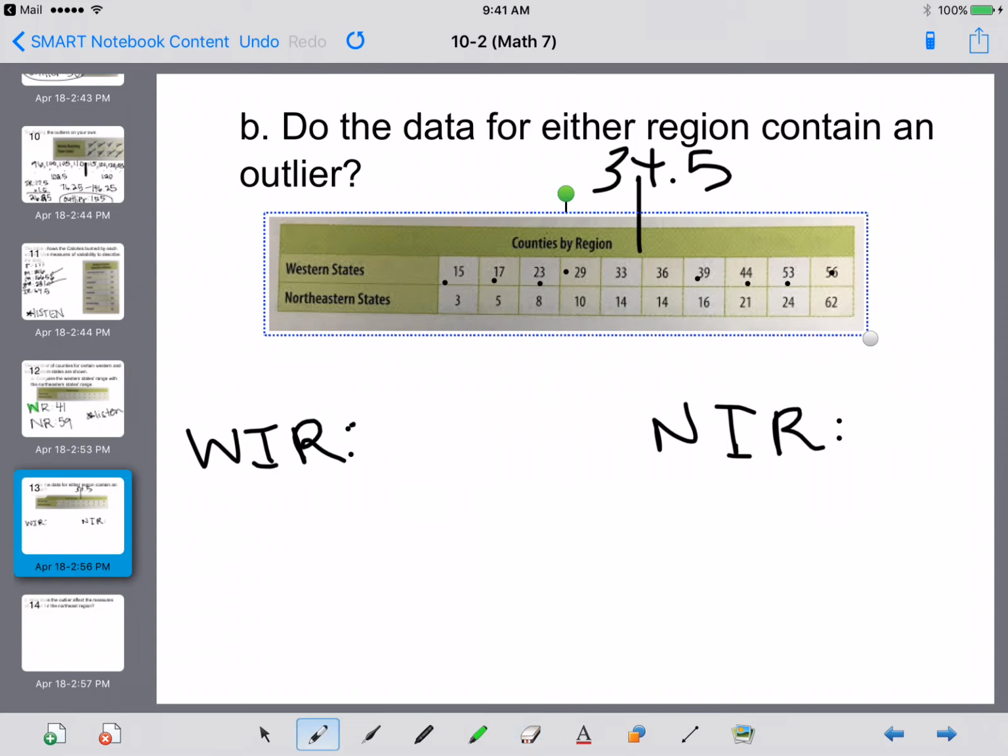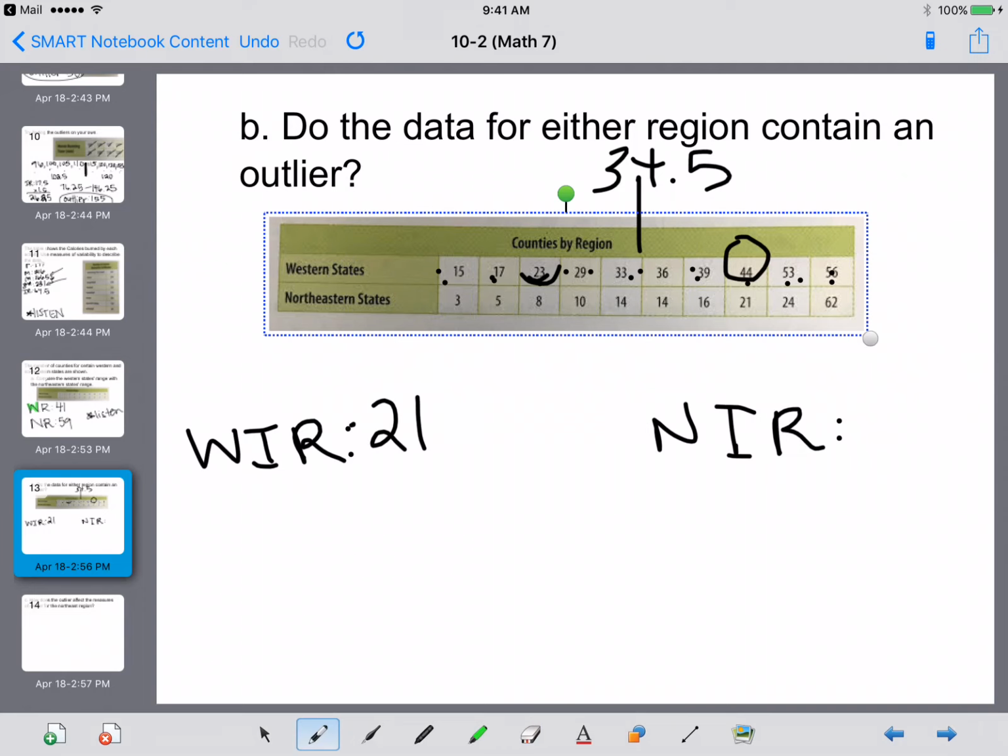Then we have to figure out our first quartile. Quartile 1 is 23. The upper quartile here, the third quartile, is 44. Our interquartile range is the third minus the first, so 44 minus 23 to get us 21.